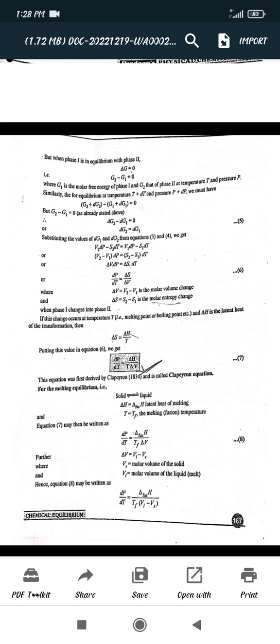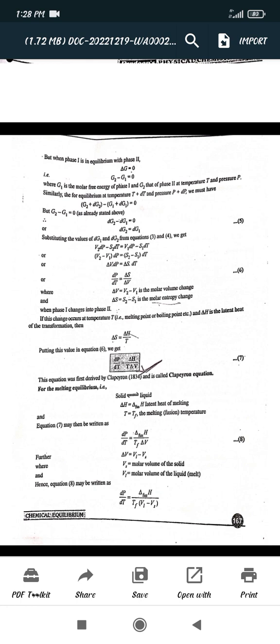Now for the melting equilibrium, that is, when solid changes into liquid and vice versa, delta H is equal to delta fH, the latent heat of melting, and T is equal to Tf, the fusion temperature.